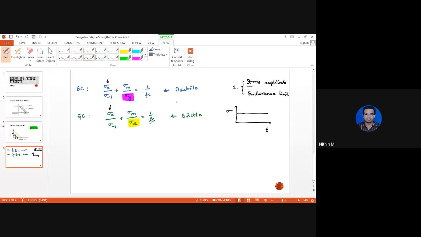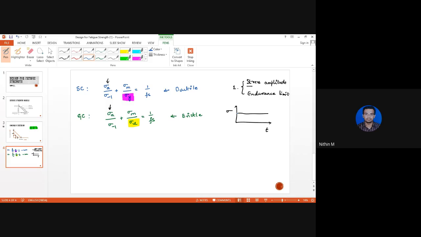Whenever we encounter dynamic forces, take the case where a child is playing on the desk rather than sitting idly. Let us assume it is jumping. When the child loses contact with the desk, the stress will be 0.